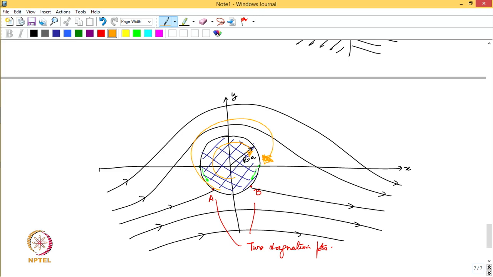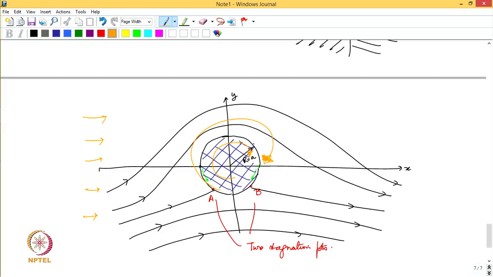What is it doing? We had a uniform flow coming towards the cylinder, right. So, the circulation is actually adding up with the uniform flow on the upper half. So, in the top half of our problem, the uniform flow and the vortex are sort of adding.